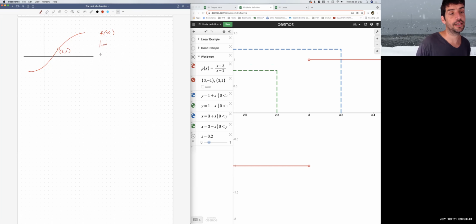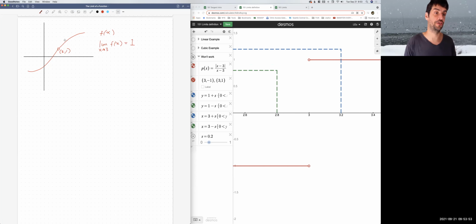And the limit as x goes to 3 of f of x, in this case, we're only talking intuitively. We're looking at pictures, but we can see from this picture that the function gets closer and closer to what's going on in that circle. And it doesn't matter what happens in that circle. If I alter my function so that it actually doesn't have a hole here, the limit remains the same.